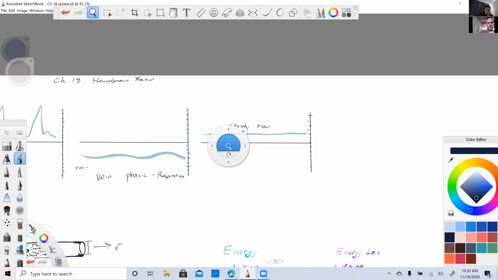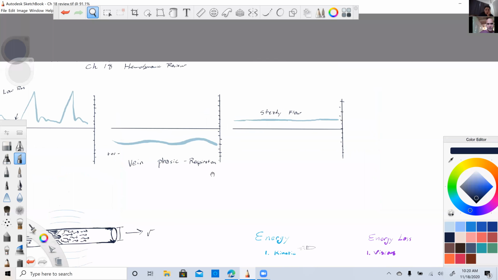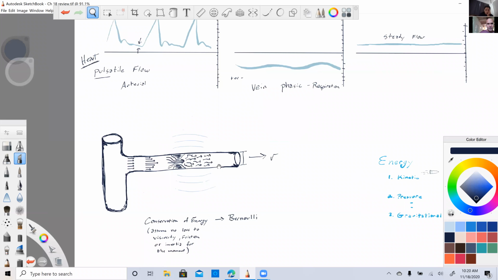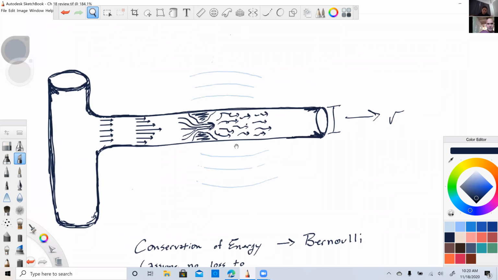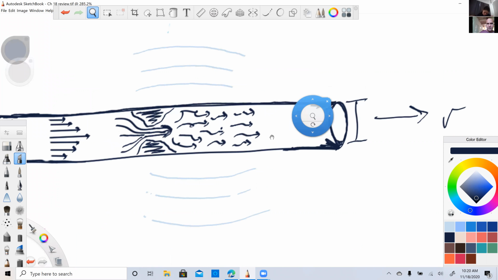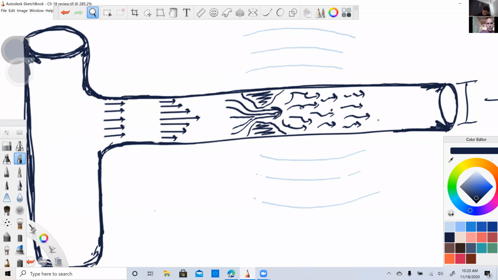And of course, you guys remember, because we've continued to talk about some of these things, not all of them, but some of them. You guys remember this picture from before where I have a branch artery coming off of a main trunk here. And we have different flow patterns.